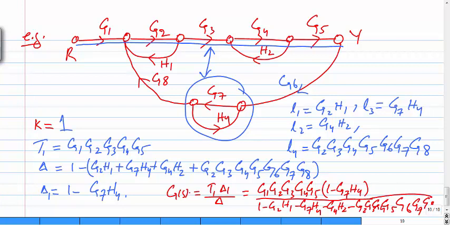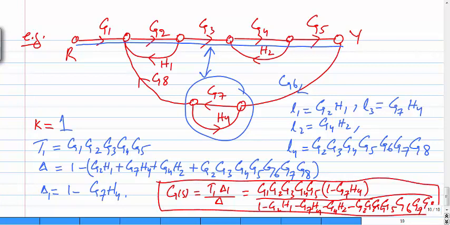So this is the solution we are getting for this problem.